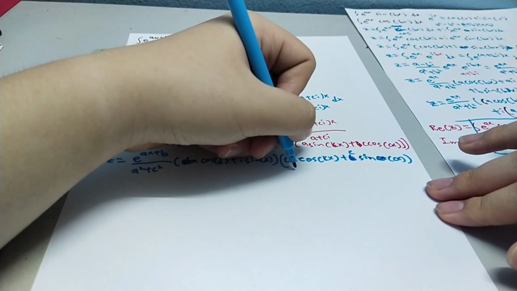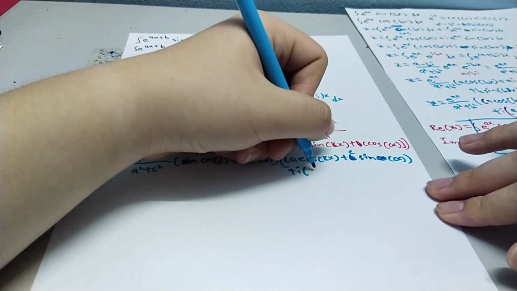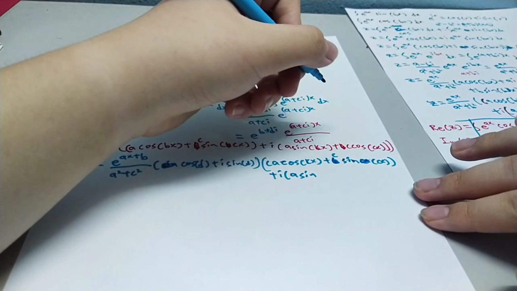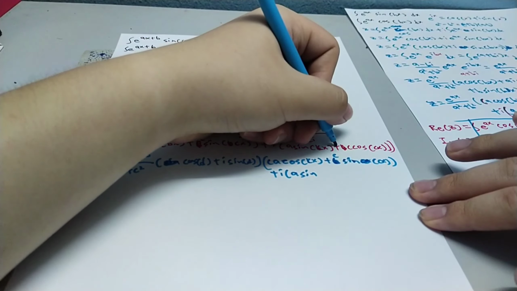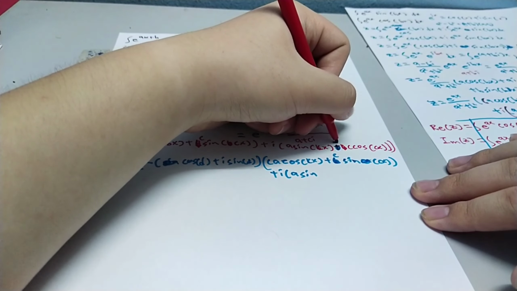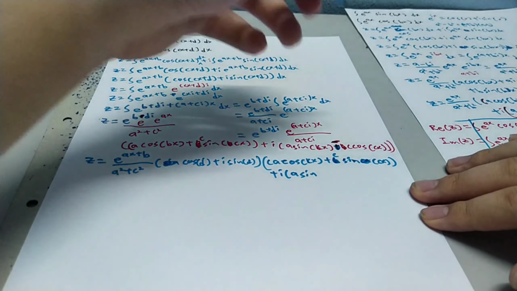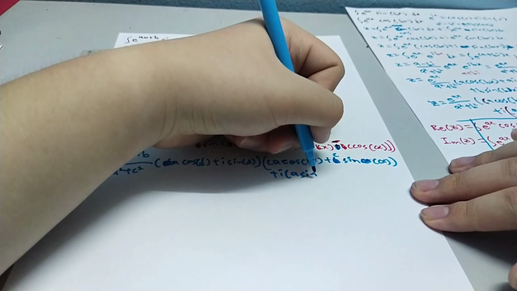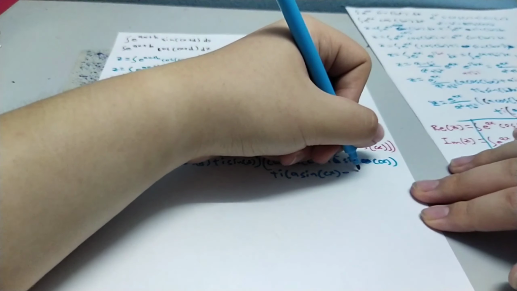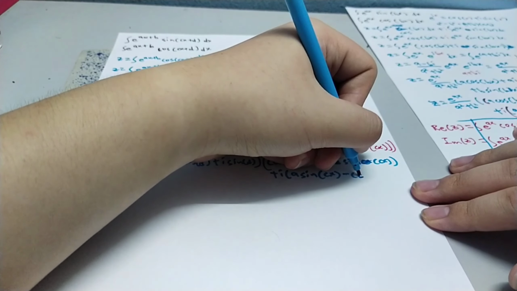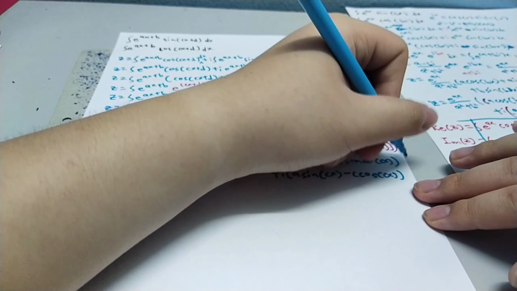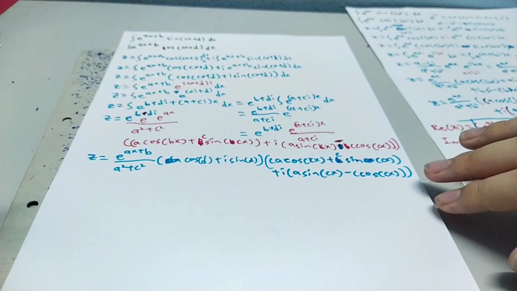and then plus i times a times sine of, sorry, this is supposed to be minus, then a times sine of cx minus c times cosine of cx, and then close.